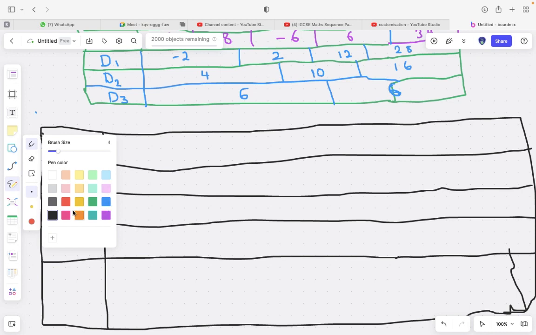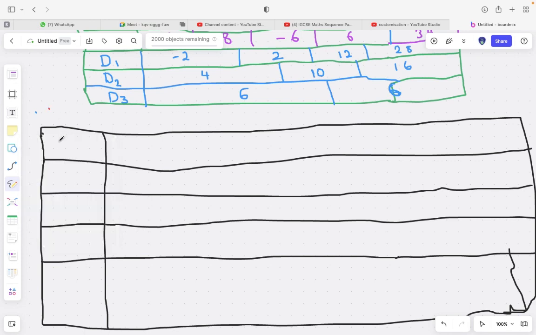We've used blue. Let's write with red this time around. Okay, now here we have position. As usual, position. Here we have term. Here is D1, first level difference. Here is D2, second level difference. Here is D3, third level difference.